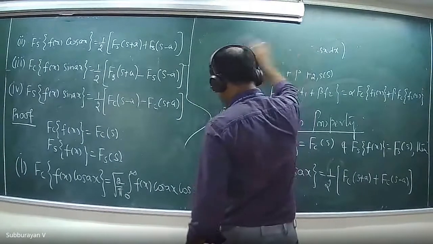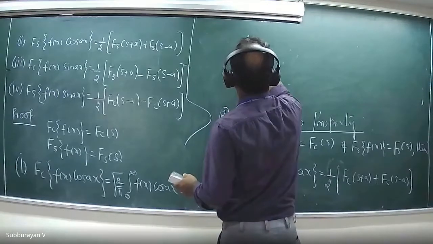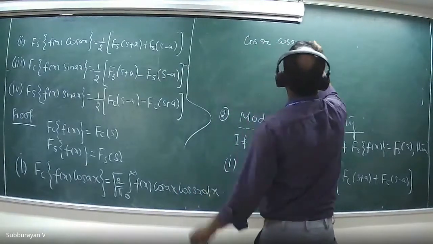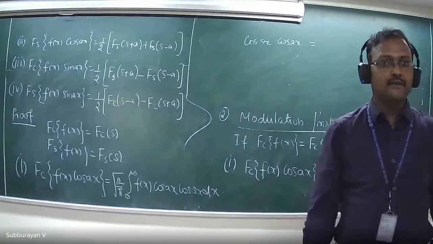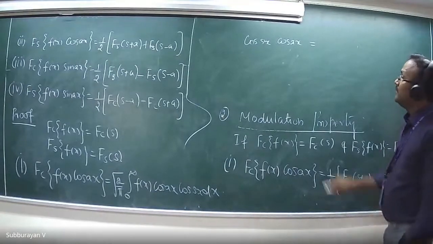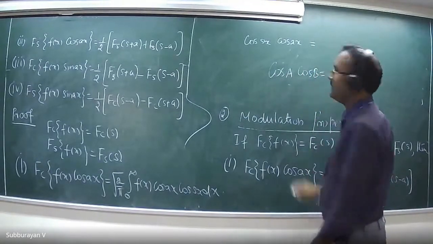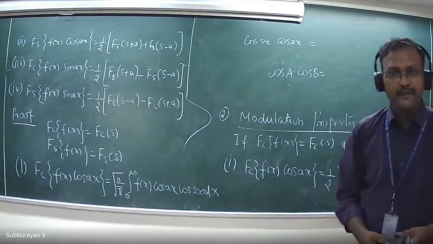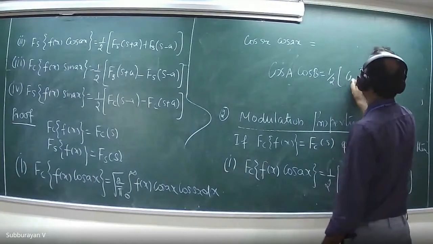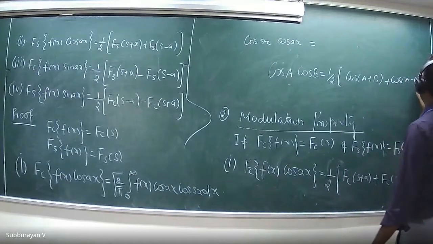Now tell me what is cos sx into cos ax. What is the formula for cos a cos b? Cos a cos b is 1 by 2 times cos of a plus b plus cos of a minus b.